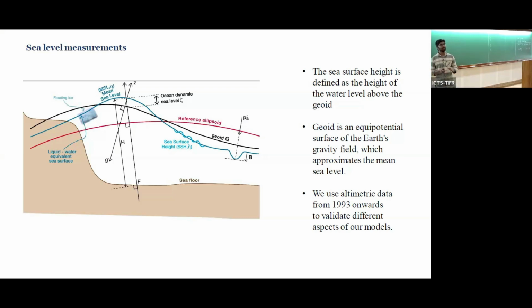So we'll remove the changes happening due to freshwater or glacier input. At each time step, we remove the global mean to ensure that we are dealing with just the dynamic sea level. We'll be using 20 years' worth of data from AVISO, a satellite altimetric product, so we'll be using purely observational data to validate our models.